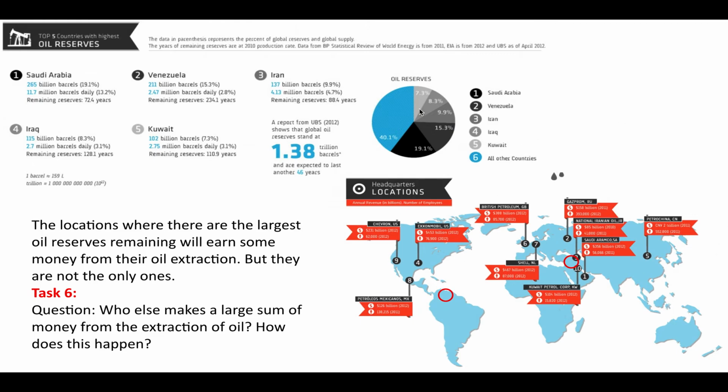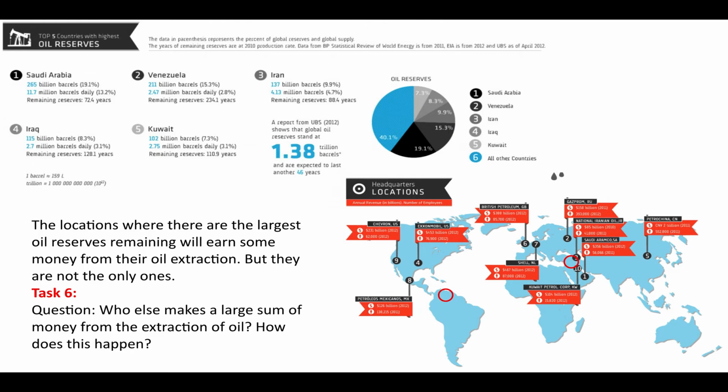So this is what I was saying before. The largest oil reserves, this is how much oil is left in particular countries. And yes, there are lots of countries with smaller quantities of oil that add up to 40%, but Venezuela in South America has up to 15%, sorry, of the remaining global oil reserves.